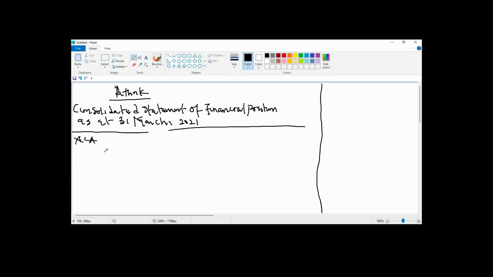Non-current assets: PPE, $5,000 plus 1.8.